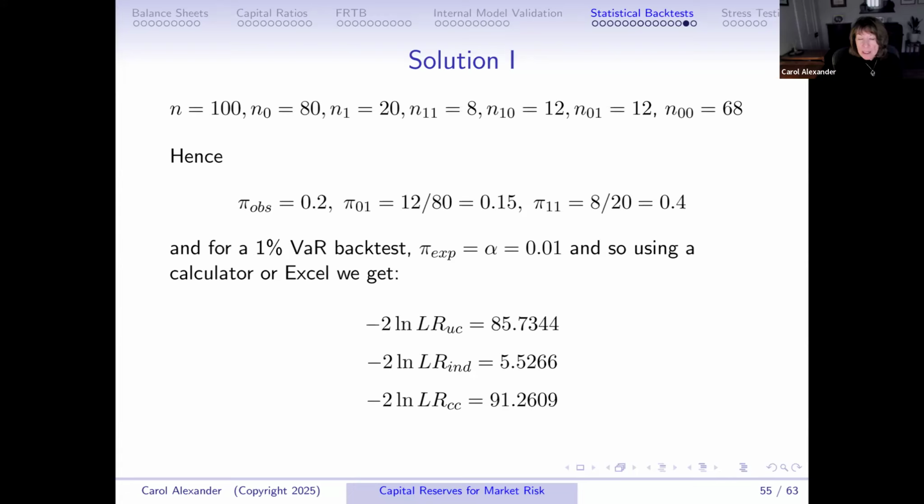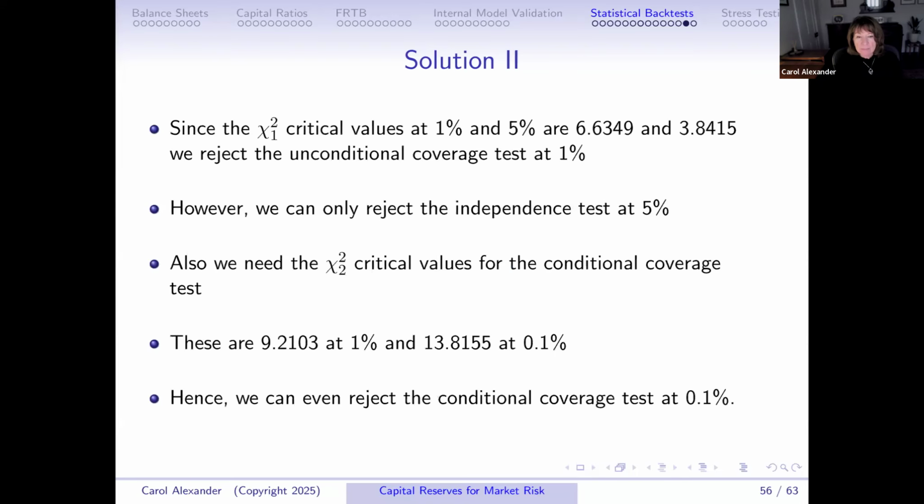And then using the calculator or Excel, for the independence test we get a very small number, but for the unconditional coverage test, we get a very large number. And that's the effect of having such a small alpha.